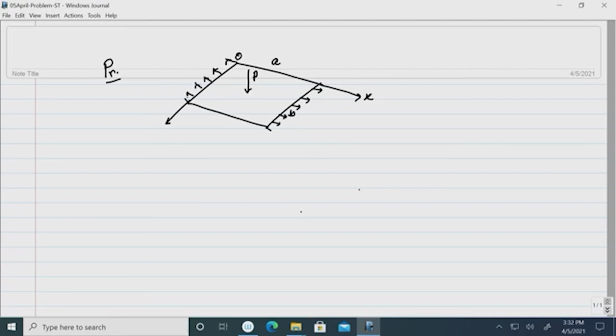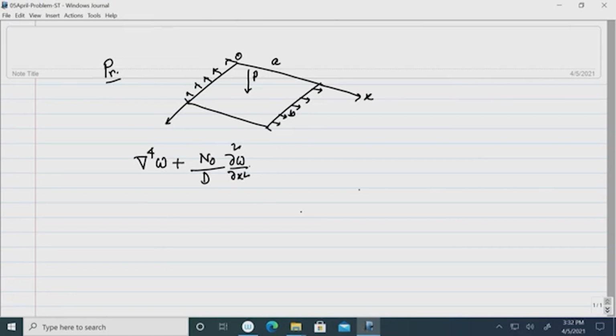Okay. So, now the differential equation of the plate can be written as D del four w plus N naught del square w by del x square.